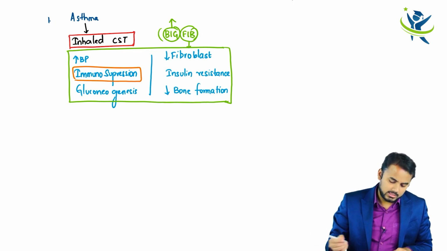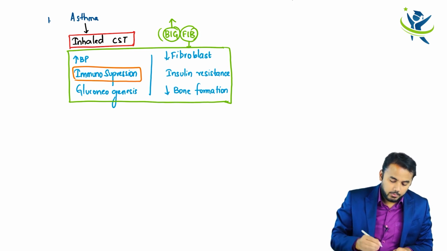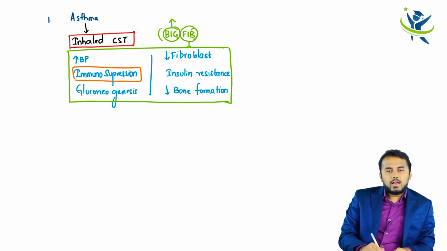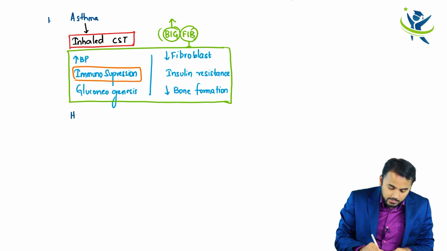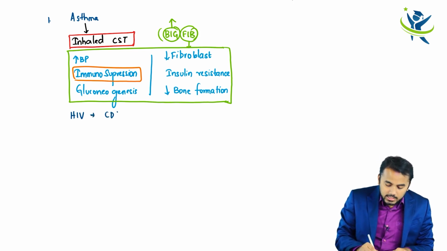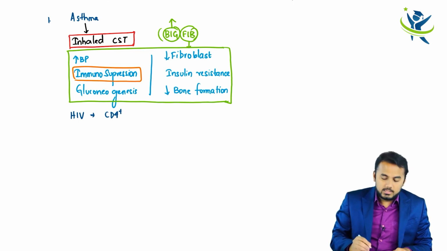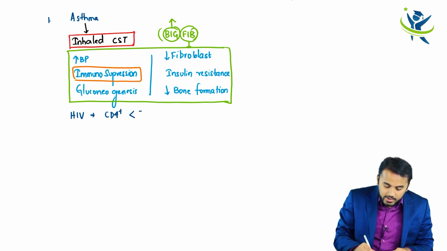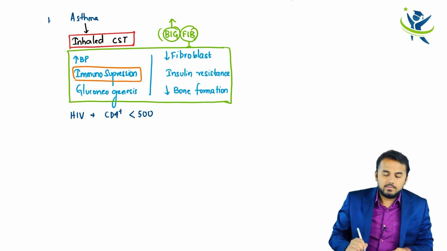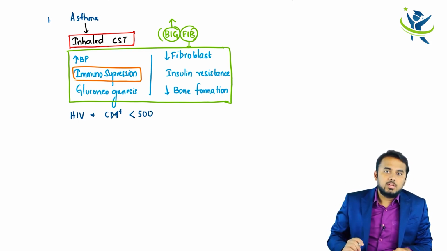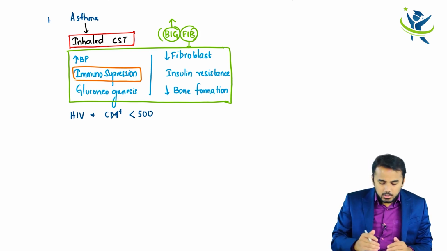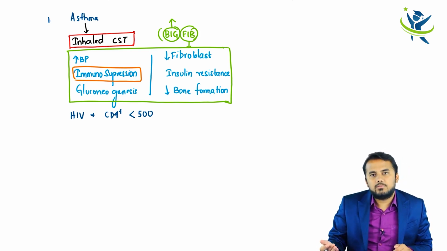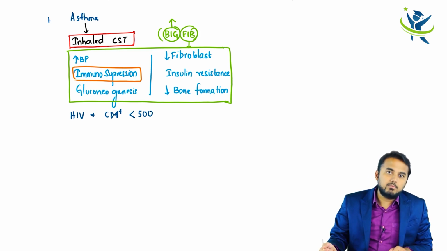Not only this, guys, another important thing is that, for example, if I am a patient of HIV, and the CD4 plus count is less than 500, then I have higher chances to develop oral thrush. Not only inhaled corticosteroids, but also a CD4 count less than 500 gives me a tendency to develop oral thrush.